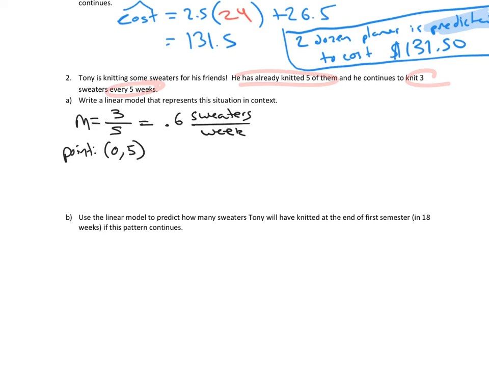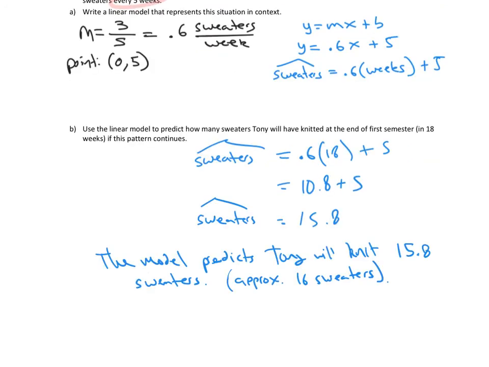So then we'd plug this in to create our model in slope-intercept form, and then replace the x and the y with context words, sweaters and weeks, and don't forget to put the predicted symbol there. And then we'll use that for part B. When you do all that math, you end up with 15.8.